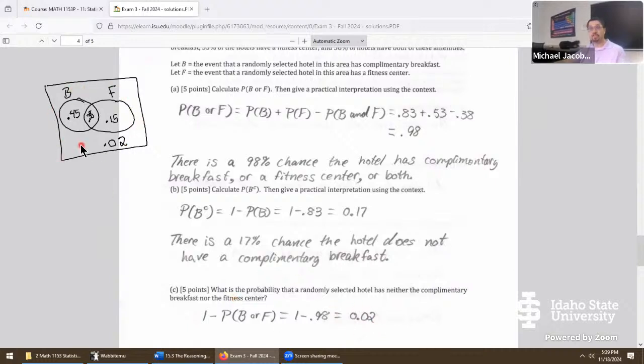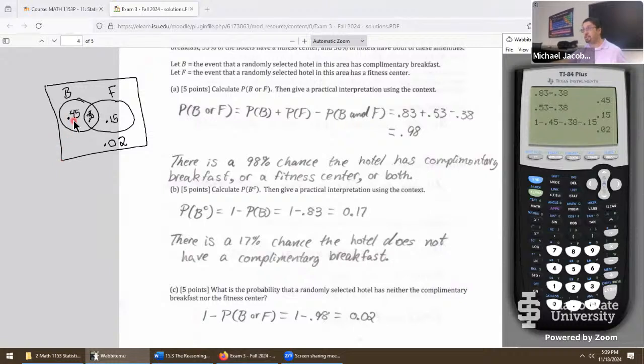So one way is through just this Venn diagram. In part A, when you're calculating probability B or F, I indicated it by using the formula right here. It came out as 0.98. But if you use the Venn diagram approach, you would have taken 0.45 plus 0.38 plus 0.15. Let's just do that here for illustrative purposes: 0.45 plus 0.38 plus 0.15. And that comes out at the same value, well, it's supposed to. Let me try again.